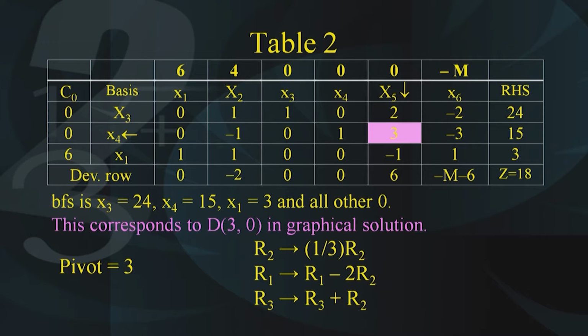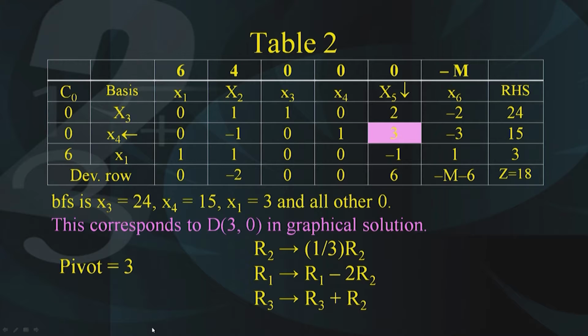So, 6 minus m will be smaller than 6, and this indicates that the variable corresponding to 6, that is x5, should enter the basis. And what is the current BFS? The current BFS is x3 equal to 24, x4 equal to 15 and x1 equal to 3, and all others 0.